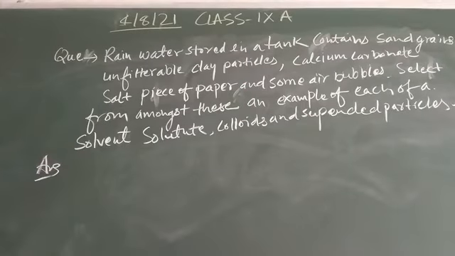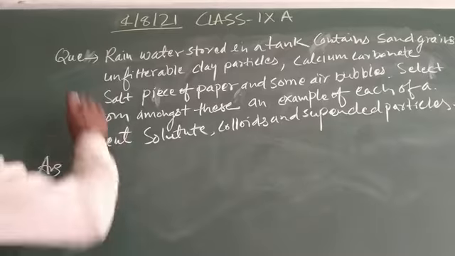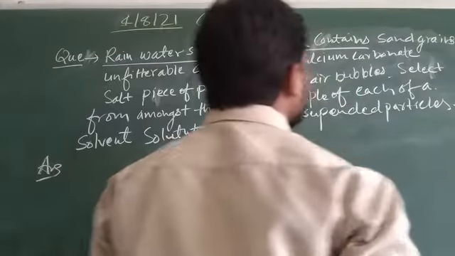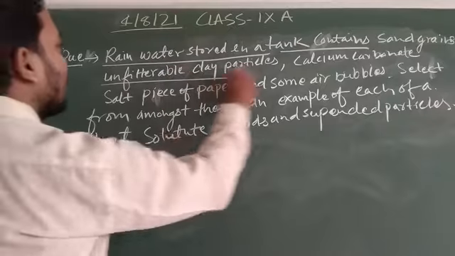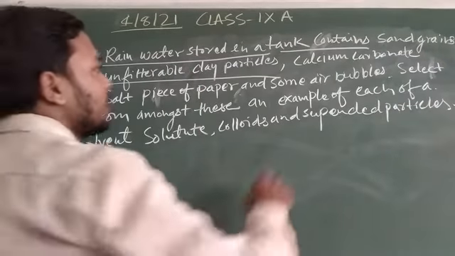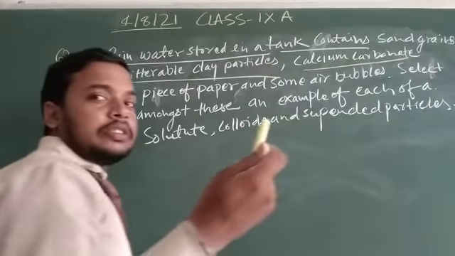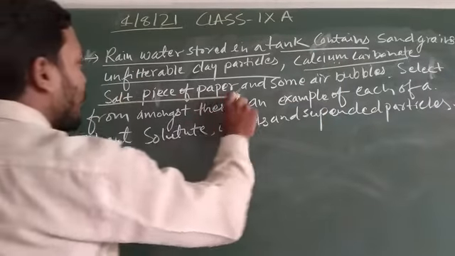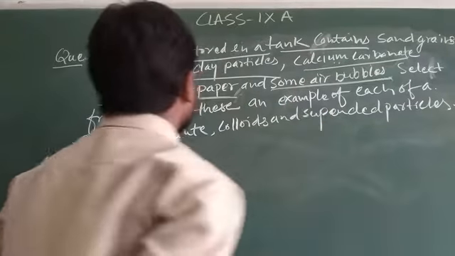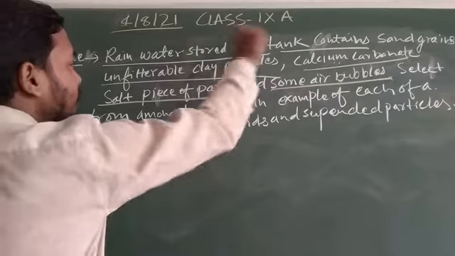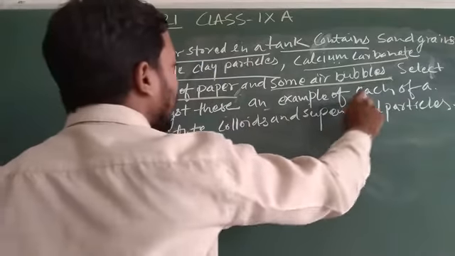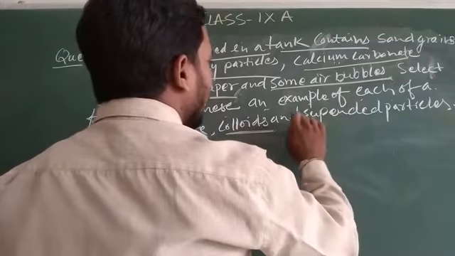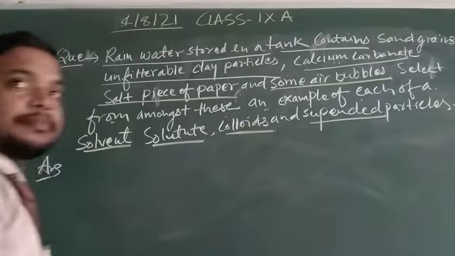Answer. So dear student, here is the question. The rainwater stored in a tank contains sand grains, unfiltrable clay particles, calcium carbonate, suppose chalk type material, and salt, piece of paper, some air bubbles. Select from amongst these. These are an example of each of solvent, solute, colloids and suspended particles.